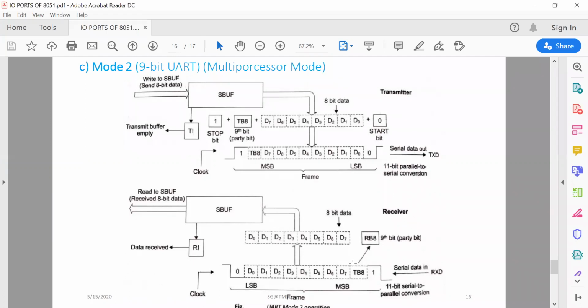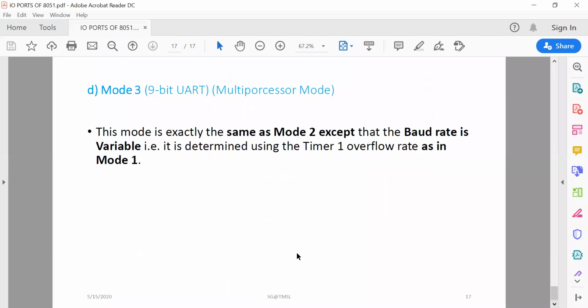And also, for mode 3, this mode is exactly the same as mode 2, except that the baud rate is variable. In mode 2 the baud rate was fixed, that is the oscillator frequency divided by 32 or divided by 64, but here the baud rate is variable, which can be varied with the help of the timer circuit.